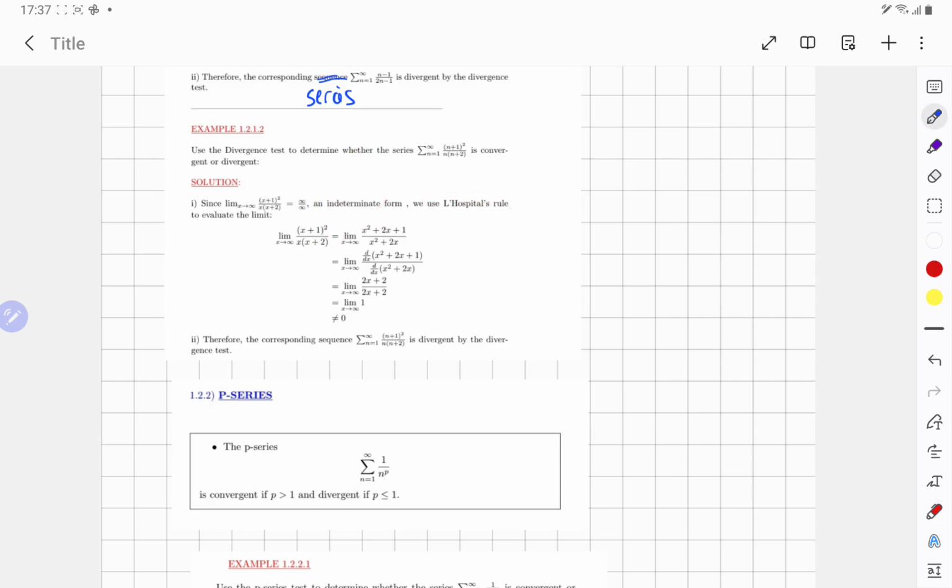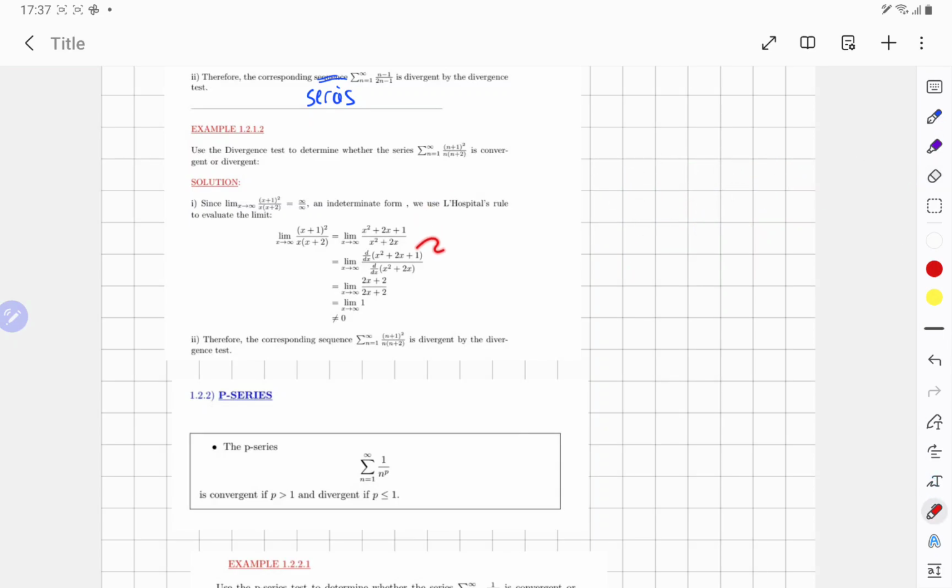Now, do not make the common mistake that students make. As I've said in my videos on L'Hopital's rule, do not make the mistake to derive the whole function and therefore use the quotient rule. Do not do that. Make sure you avoid that mistake.